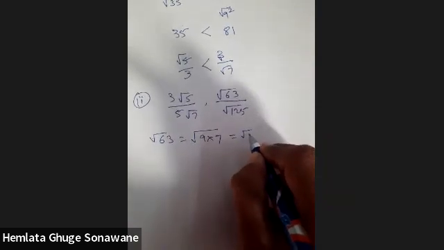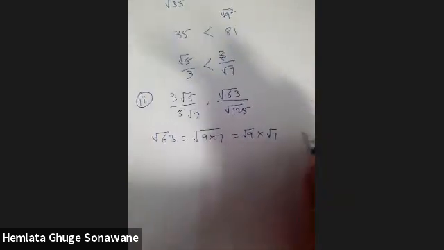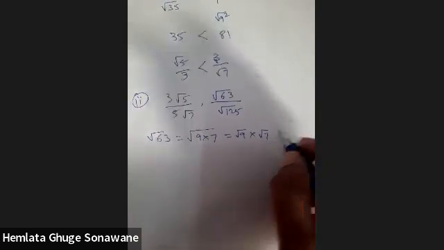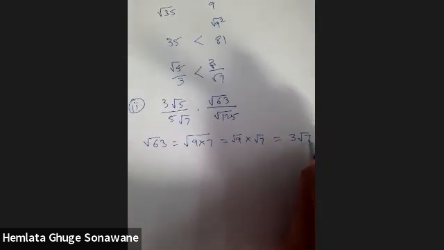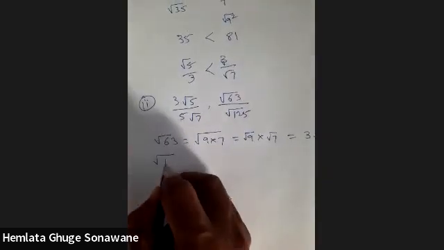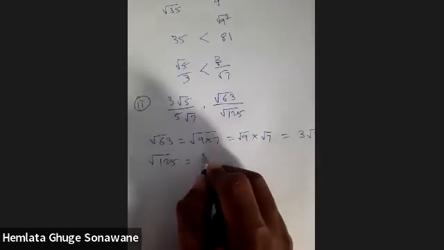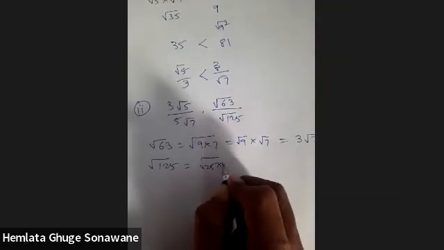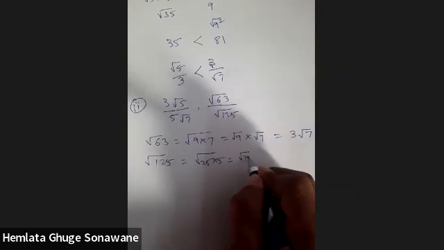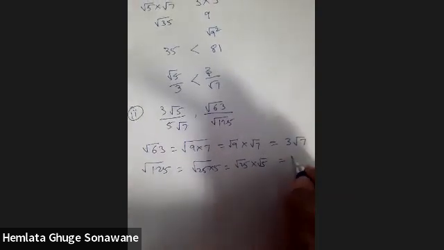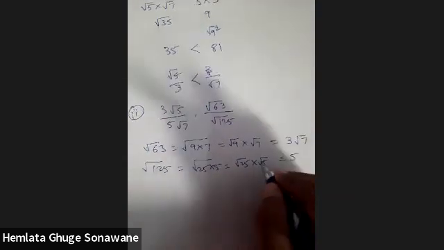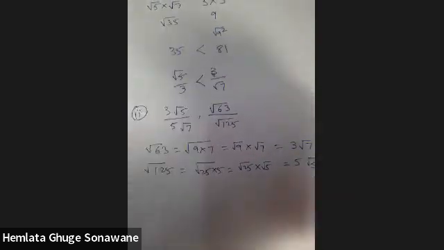We'll write it as under root 9 into under root 7. This under root 9 becomes 3, under root 7 as it is. Under root 125, that is 25 fives. Again here under root 25, under root 5. Under root 25 becomes 5, under root 5 as it is.